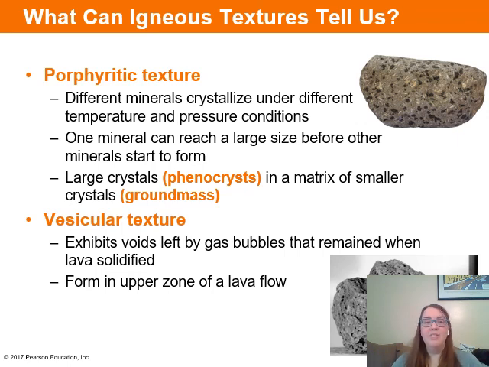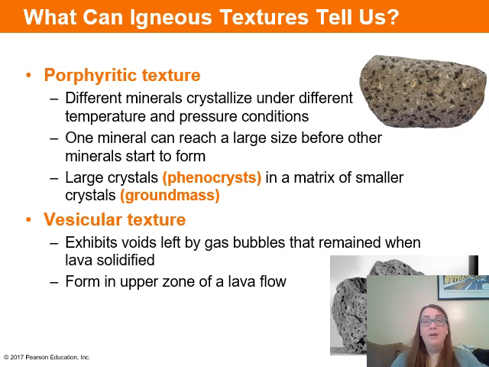But we're also going to see very specific types of extrusive textures. These are the ones that are forming from lava at the surface. And one of these is just called a vesicular texture. And this is because these rocks are full of vesicles, or air holes, inside of them.